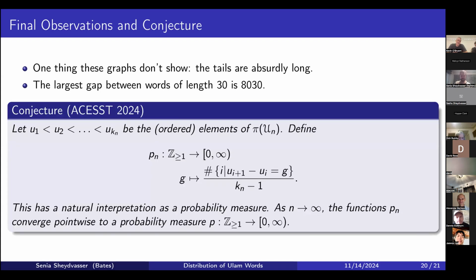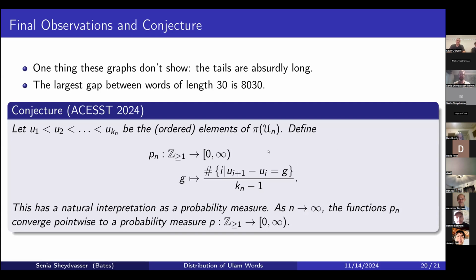But I wanted to leave with one final conjecture. So write down your Ulam words as integers in order, so U1, U2, etc. But there's a natural probability measure that you can define on a positive integer, where it's the probability of any particular integer being a gap in the set of Ulam words.